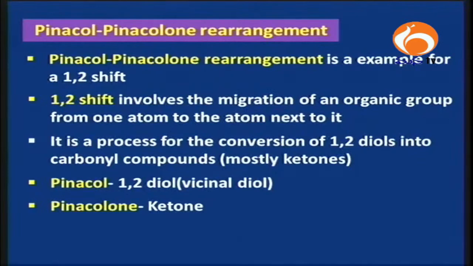If the two carbon atoms are vicinal carbon atoms, adjacent to each other, if the shift occurs between the two vicinal carbon atoms, that is known as 1,2 shift. In the pinacol-pinacolone rearrangement, 1,2 diols are converted to the carbonyl compounds. Mostly we obtain ketones. In some cases we obtain the aldehydes also.